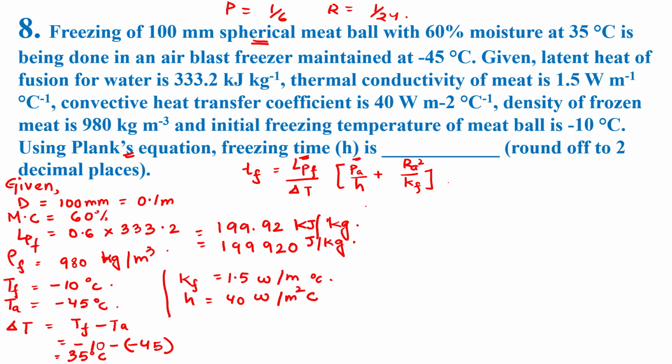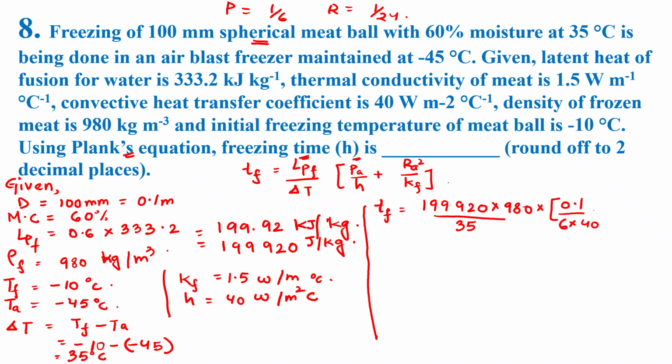Tf is equal to 199920 into 980 by 35 into 0.1 by 6 into 40 plus 0.1 square by 24 into 1.5.